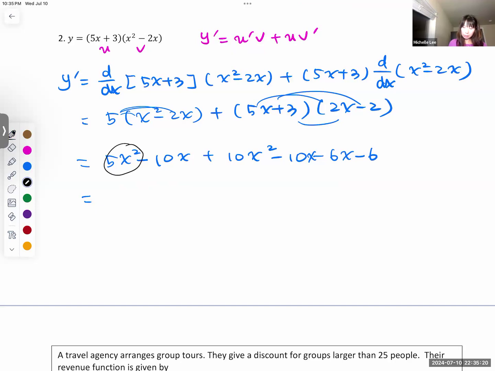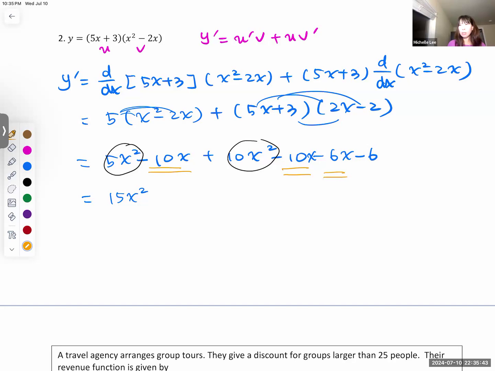Combine like terms. 15x squared. Combine like terms. We get, let me see, negative 10, negative 10, negative 20.